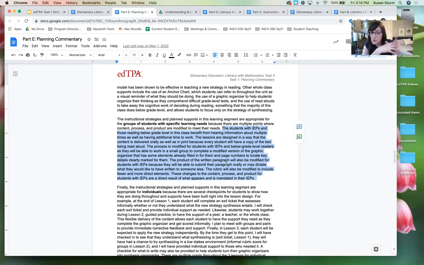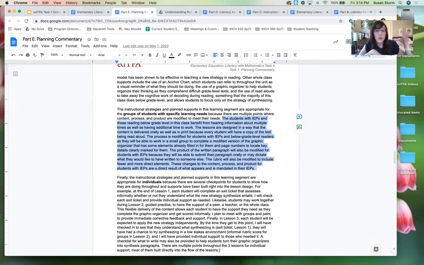So they're going to talk about those specific learning needs of that group of students. The students with IEPs and those who are reading below grade level benefit from hearing information aloud multiple times, having additional time. The lessons are designed that the content's delivered orally as well as in print, and they have their own copy of the text. It's modified for students with IEPs or below grade level.